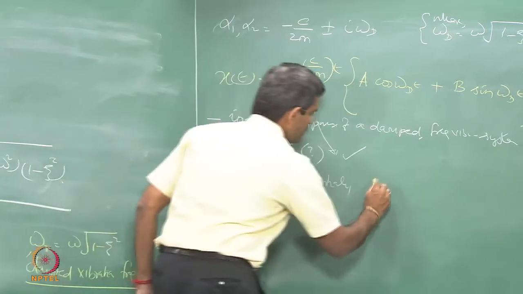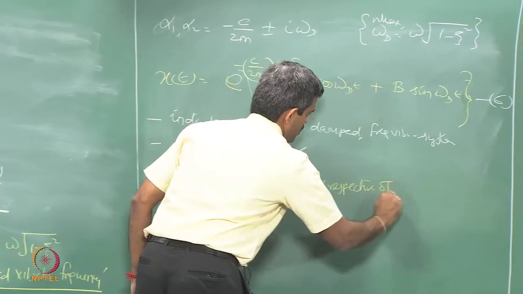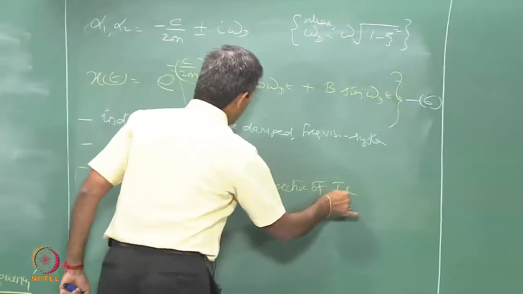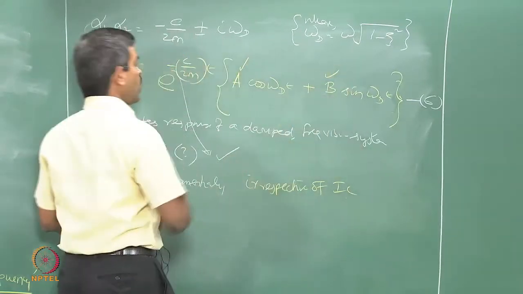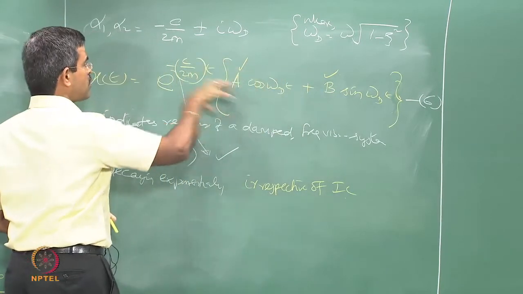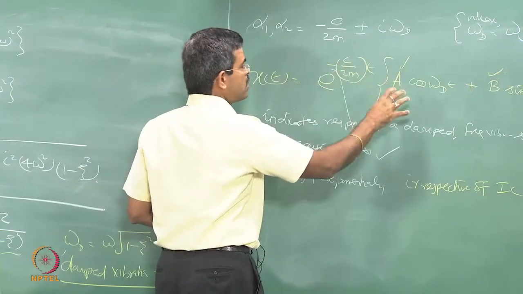irrespective of initial conditions, because initial conditions are now going to give me the values of A and B. Whatever may be these values, it will still decay exponentially because there is a multiplier on this. So, this will show that the response will come to 0.